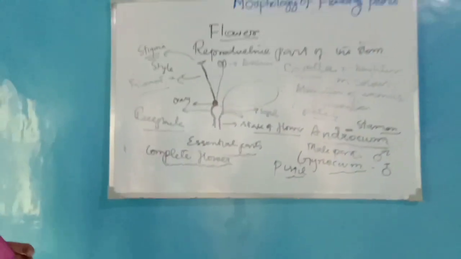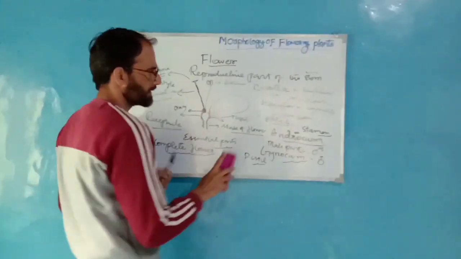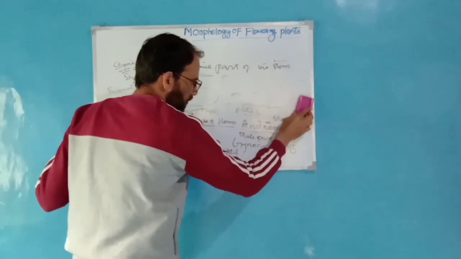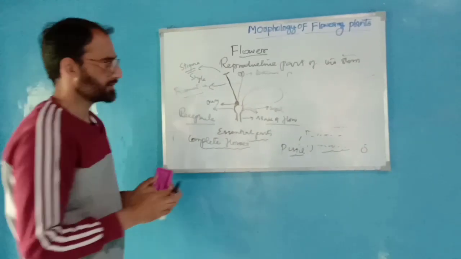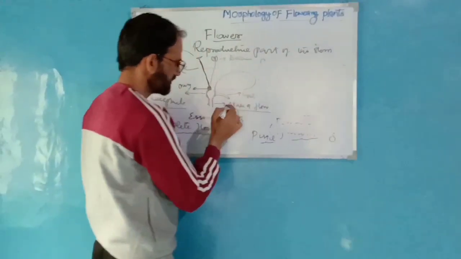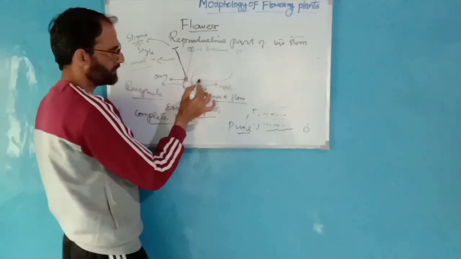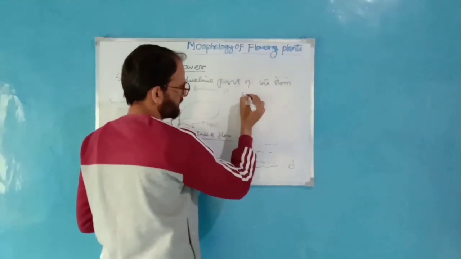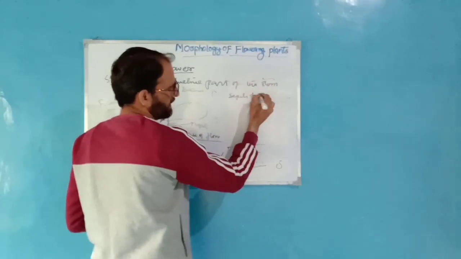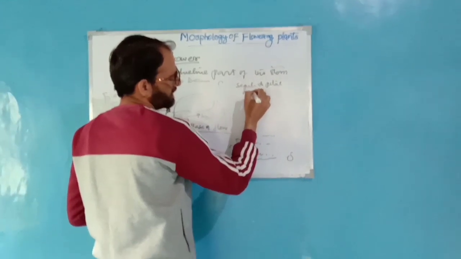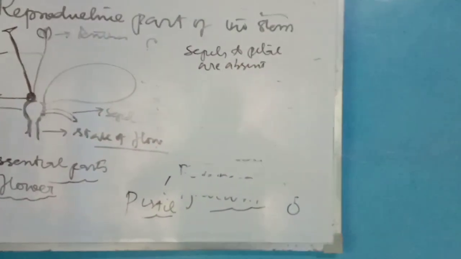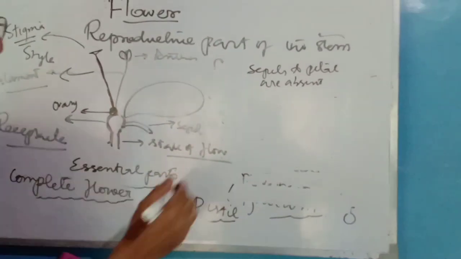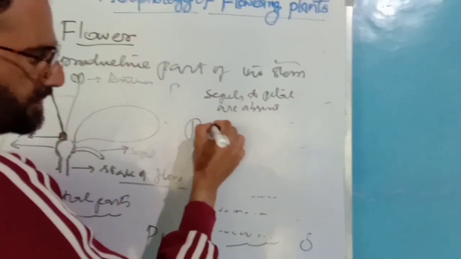There is one more condition when sepal and petals are absent, then there is one more condition that is called as perianth.